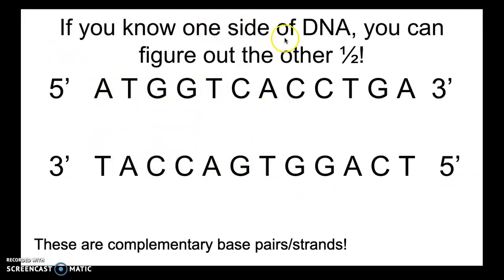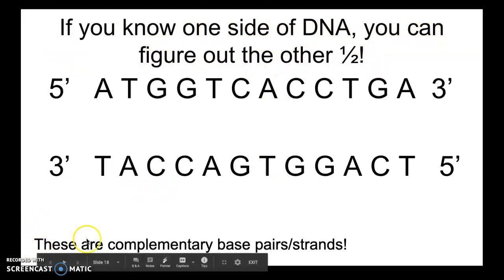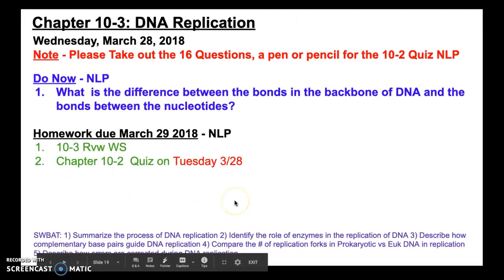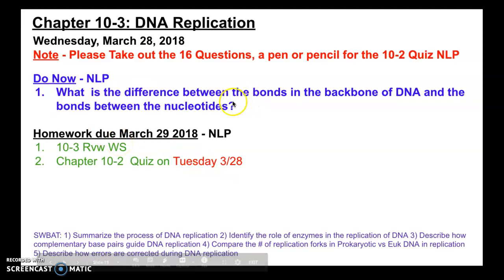If you know one side of DNA, you can always figure out the other half of DNA. These are complementary base pairs and are complementary strands. So, what is the difference between the bonds in the backbone of DNA and the bonds between nucleotides? There's a question you should be able to answer.